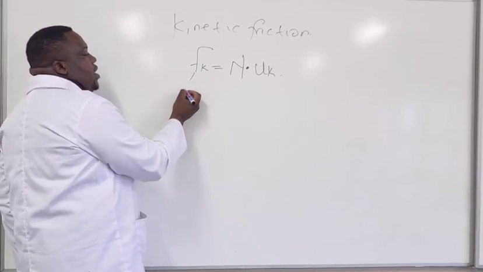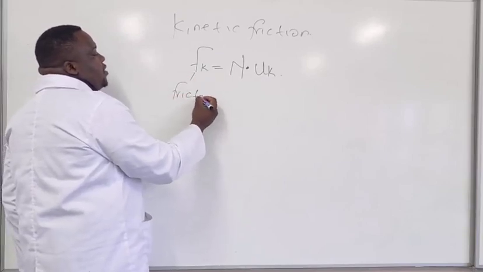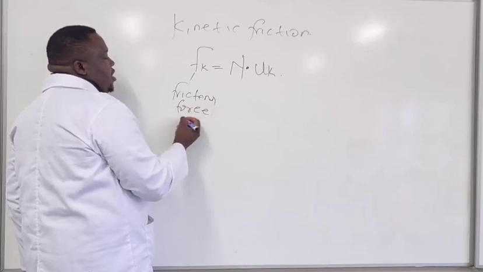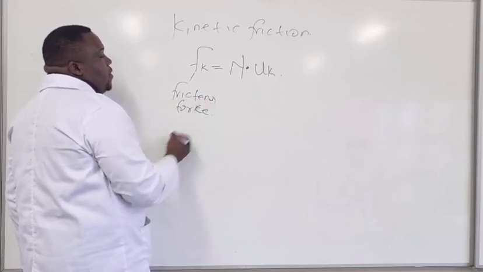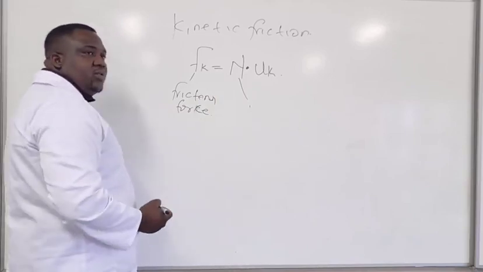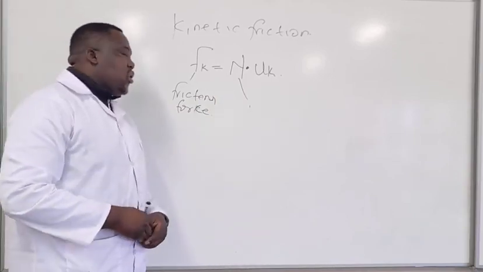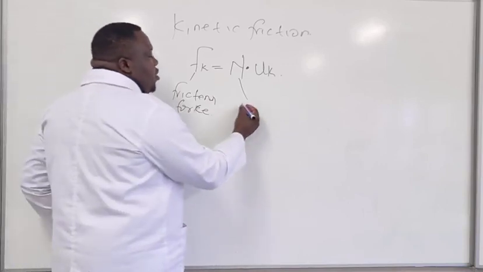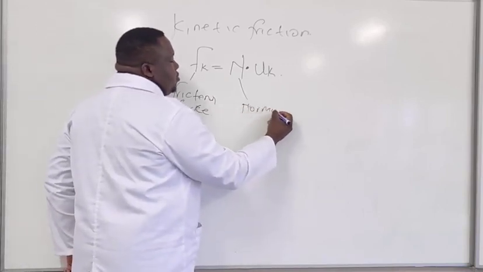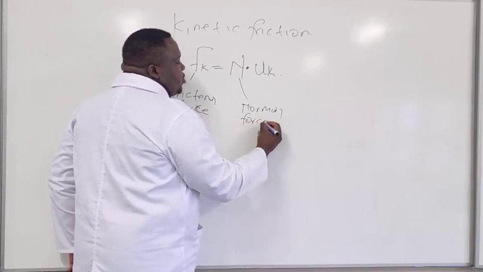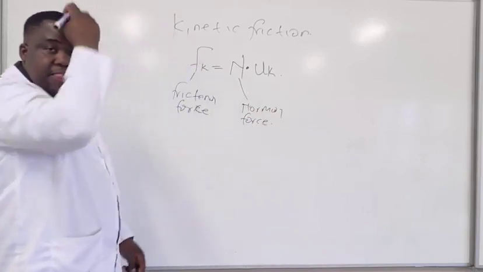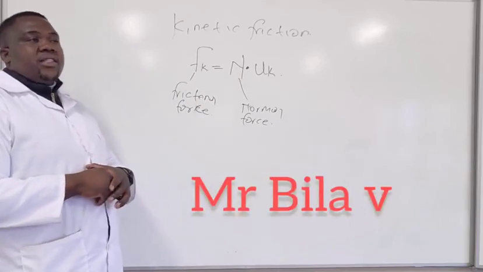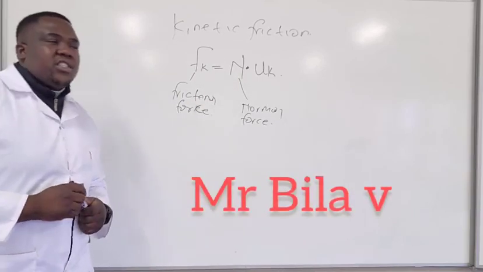So this one stands for frictional force. Then N, I used to think that N stands for Newton. No, N does not stand for Newton. N stands for normal force. This N that you see here stands for normal force.